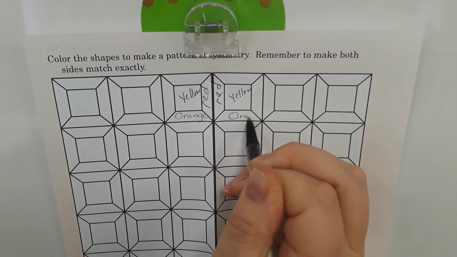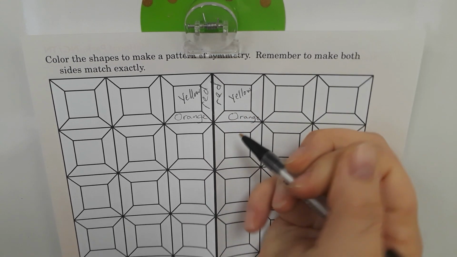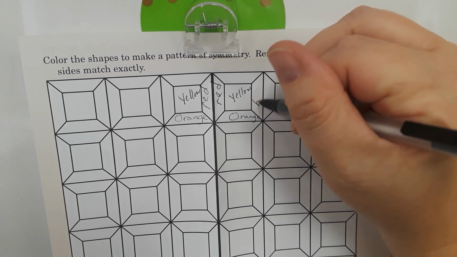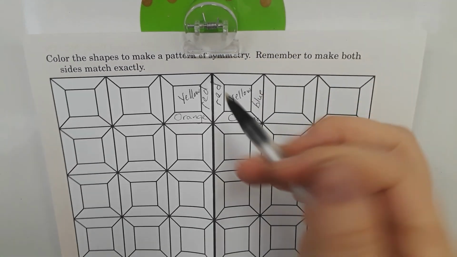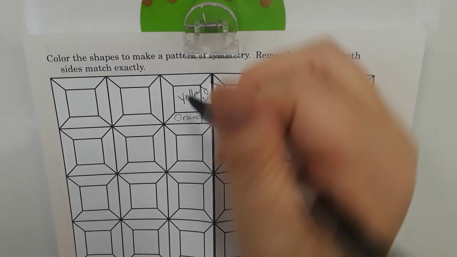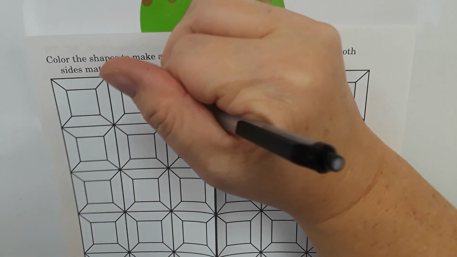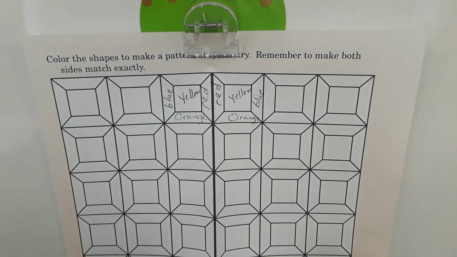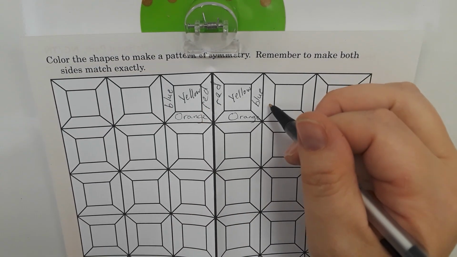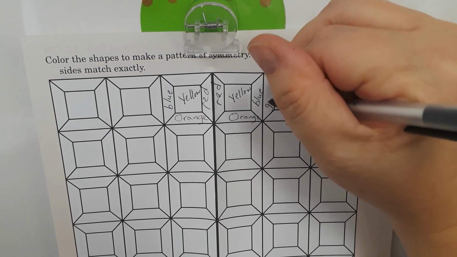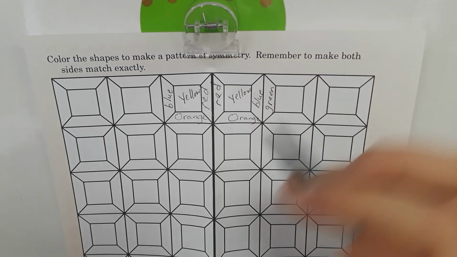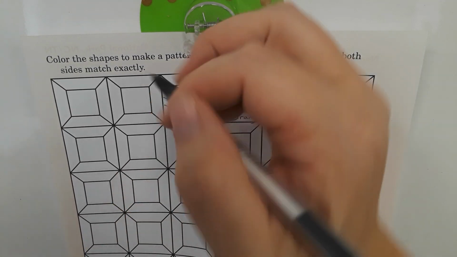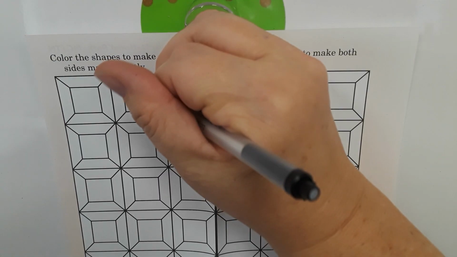Orange. And if we were to color this blue, what color would we color this one? Blue. And if we were to color this one green, then we would have to color this one over here green.